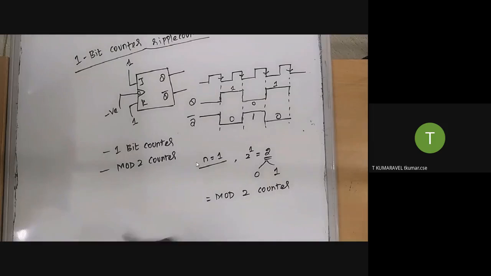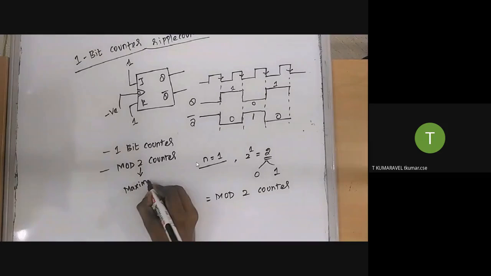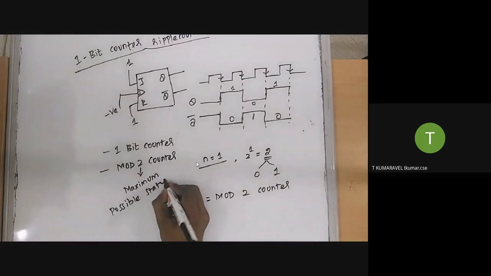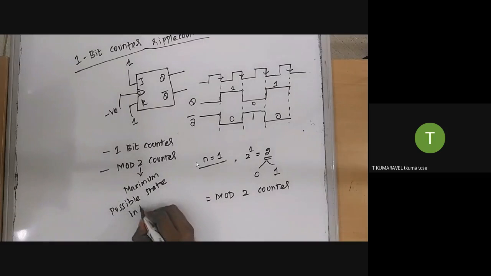Mod 2 means the maximum possible number of states in the counter is 2. That's why it's called a mod 2 counter.